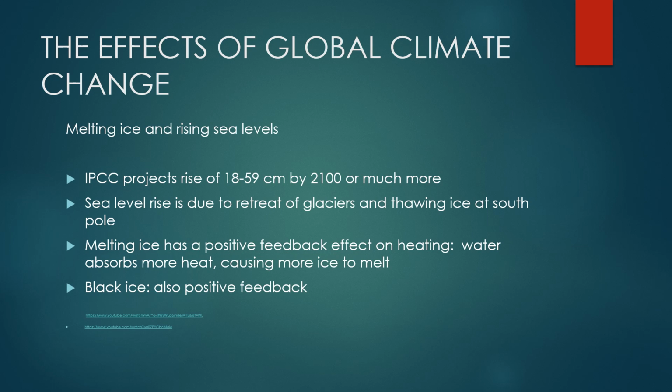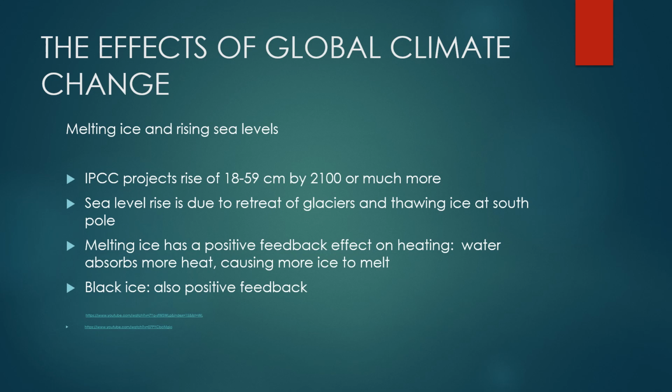Findings in the IPCC's fifth assessment report include updates from recent research like evidence of melting ice, rising ocean temperatures, rising precipitation, wildfires, all these things, right? The IPCC projects a sea level rise of 18 to 59 centimeters by 2100, or much more.